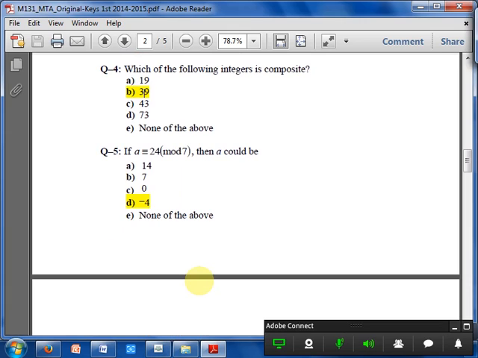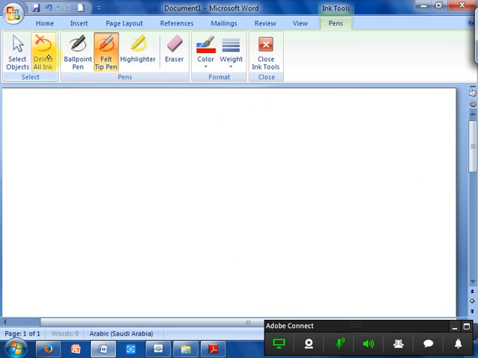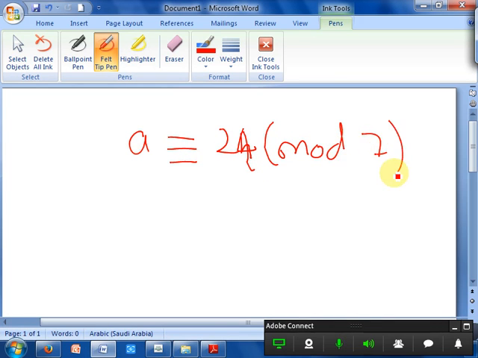If A is congruent to 24 mod 7, then A could be which one? How to check if a number is congruent: it is given A congruent to 24 in the mod of 7.